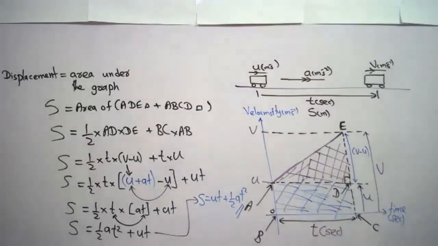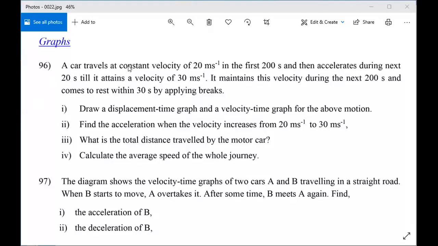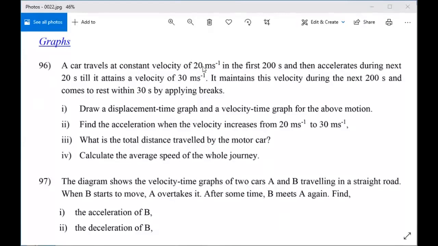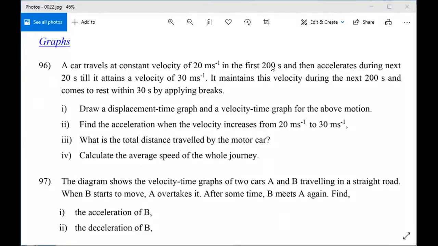Is it clear for all? Let me read the question for you. A car travels at a constant velocity of 20 meters per second for the first 200 seconds. So during the first 200 seconds, the velocity of the car is constant, and that is 20 meters per second. And then it accelerates during the next 20 seconds till it attains a velocity of 30 meters per second.